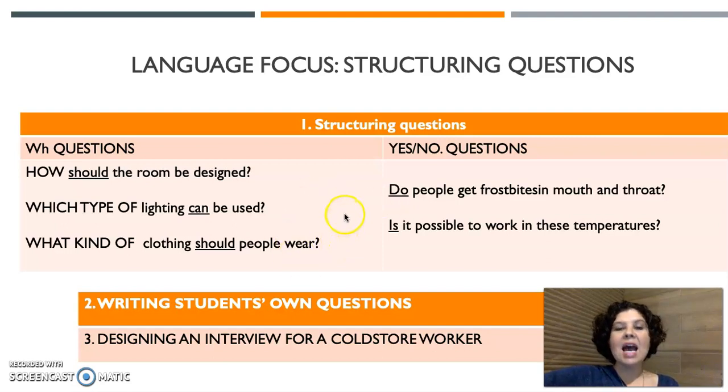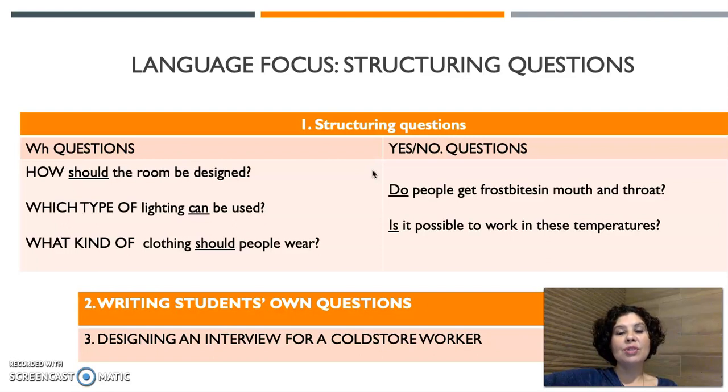Okay? Then after that, these are questions from the video. They need to take the questions that they already did in the first part of the cycle, the cycle of the task. So they write their own questions, but now they categorize them into yes/no and WH questions.